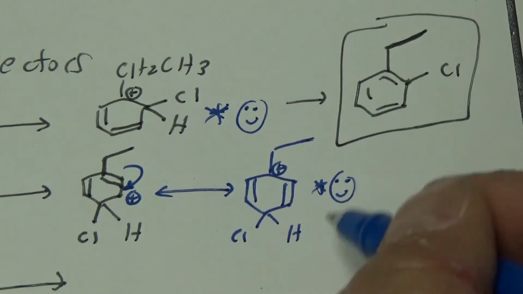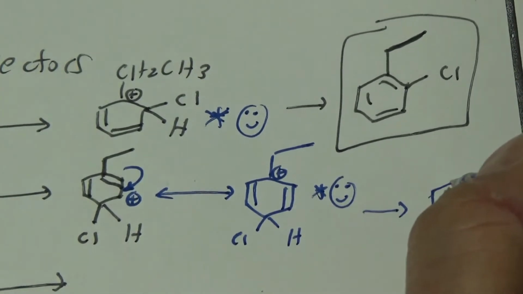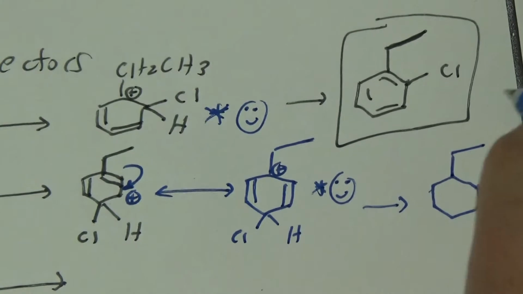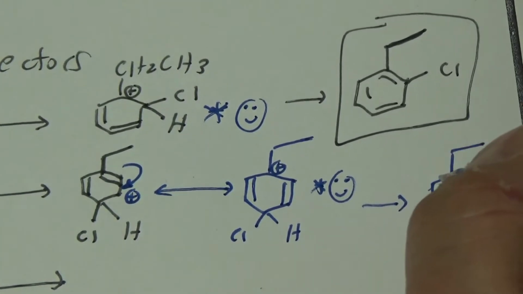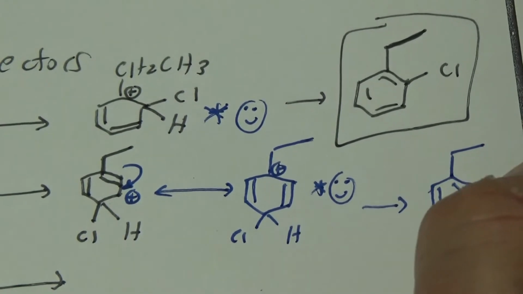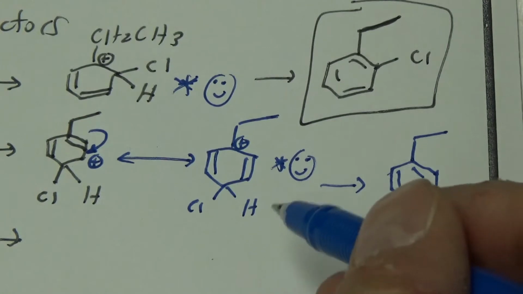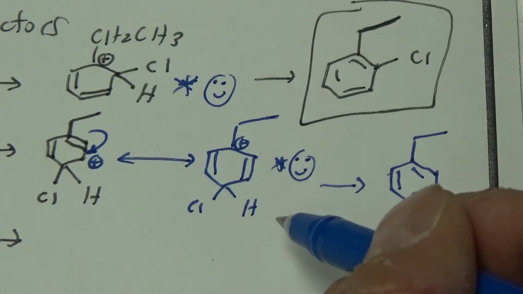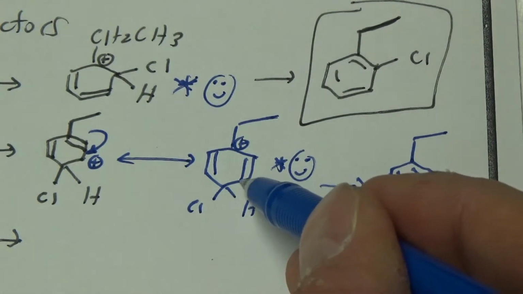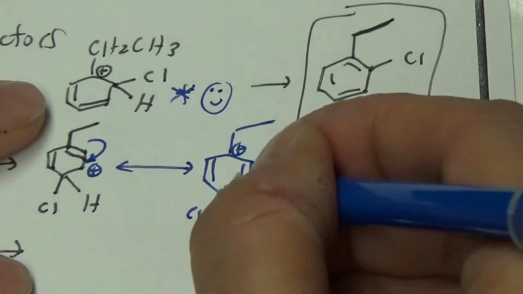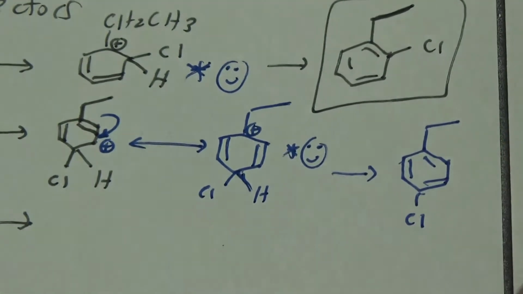I don't need to draw the mechanism to the product, but I'll step through it in words. The product, of course, is the benzene, right? The mechanism would be like a base takes the proton, and then electrons go to form the double bond, and then push one more to the positive charge.